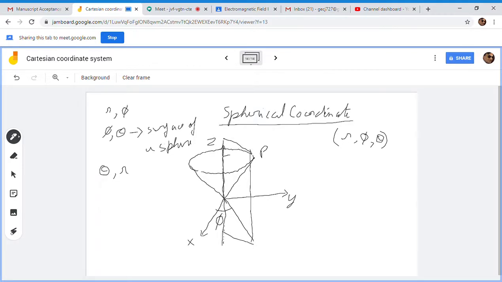Varying your theta, from 0 to 90 degree, will take the positive part of this flap, and from 90 degree to 180 degree it will take the bottom side of the flap. So this is the xy plane flap, below this is your negative flap, and above this is your positive flap. So it will create a flap like you did in this.